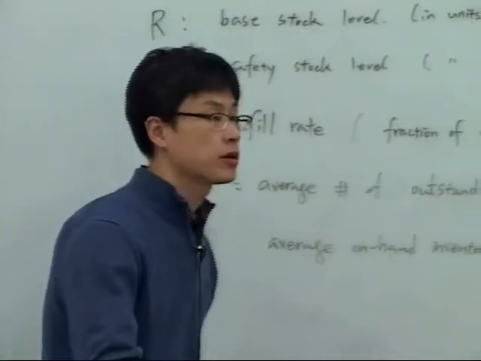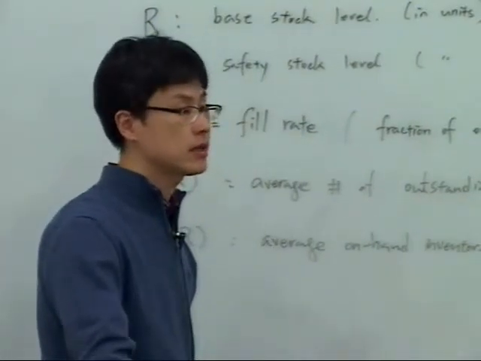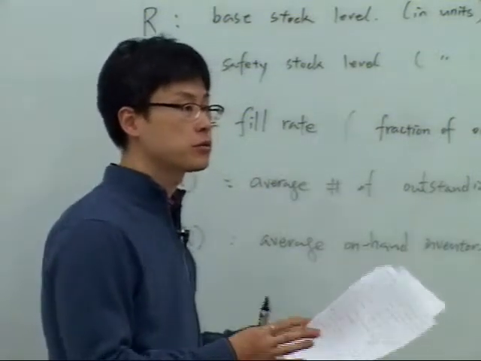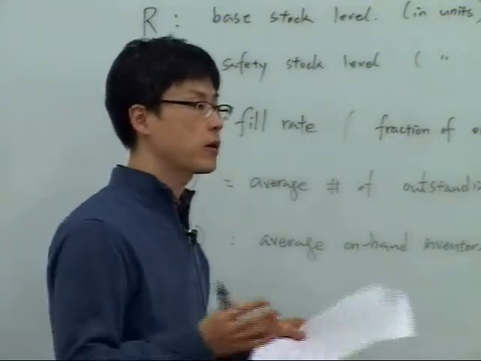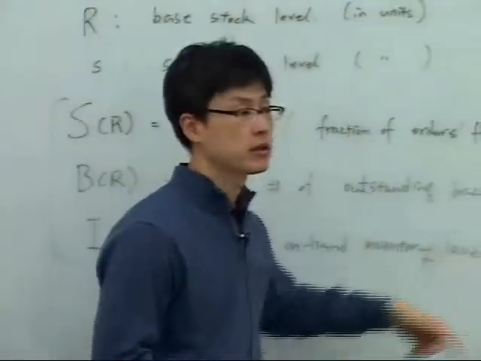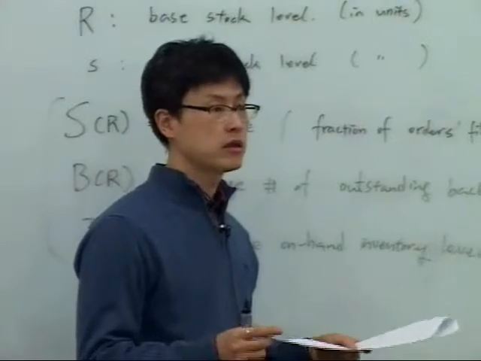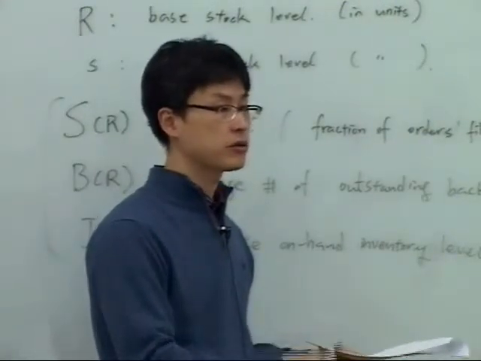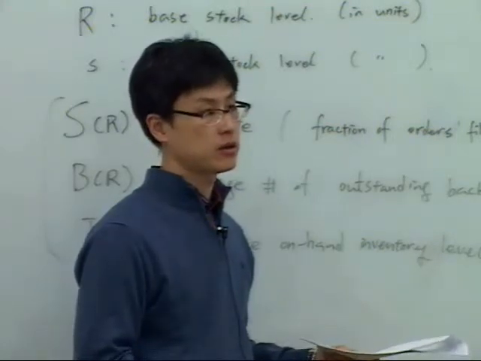As I mentioned before, backorder is a kind of inventory. But in order to differentiate this backorder from real inventory, I put this on-hand inventory. On-hand inventory means the real number of units right at your store.